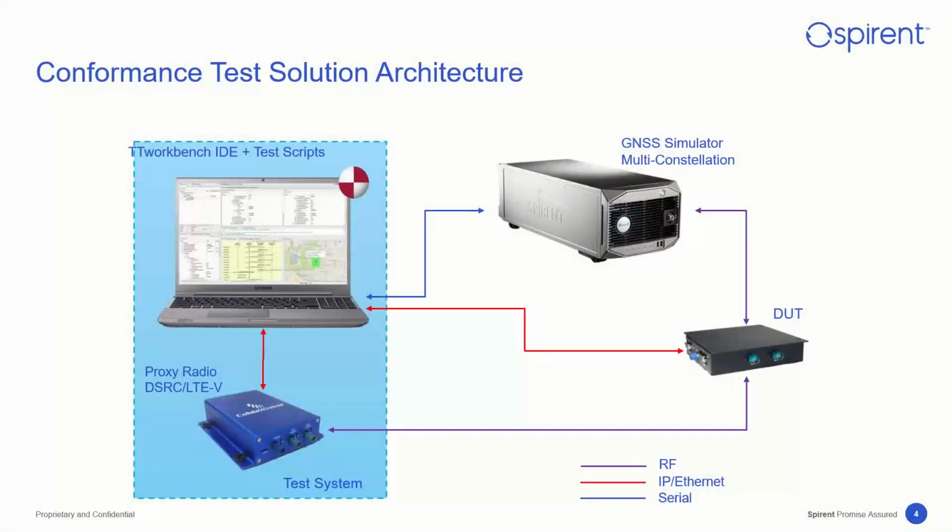So this is a view of what a Spirent test system for V2X, CV2X will look like in general. You will have our test platform called TT Workbench. It's an integrated development environment capable of supporting different types of protocol test scripts.